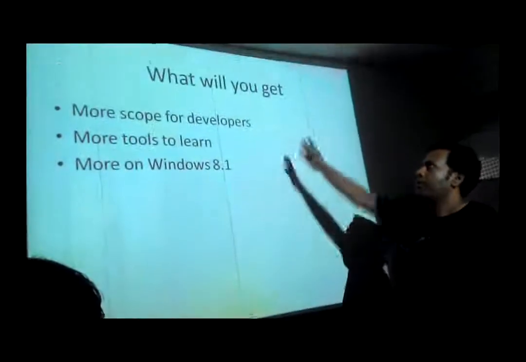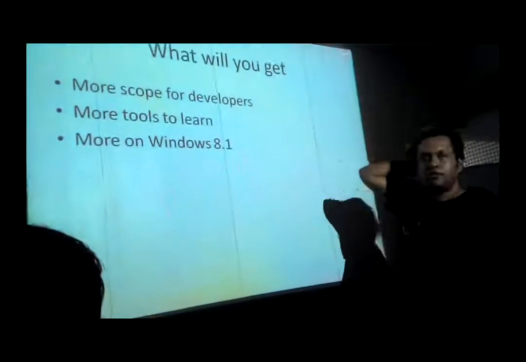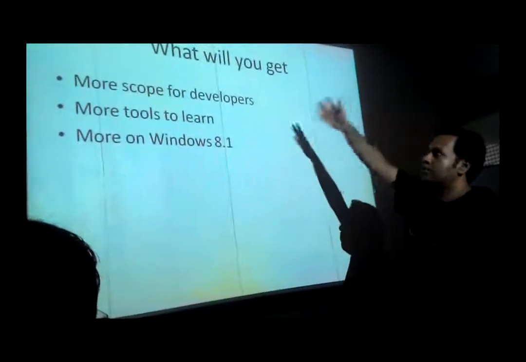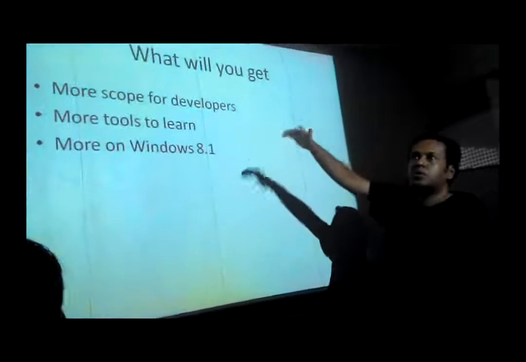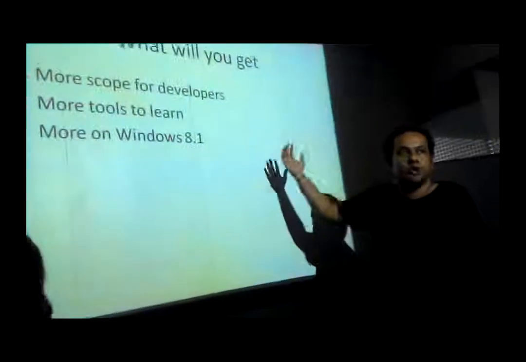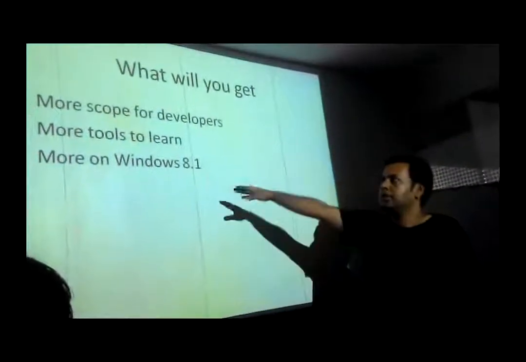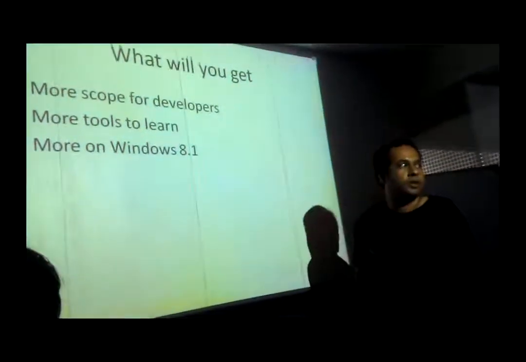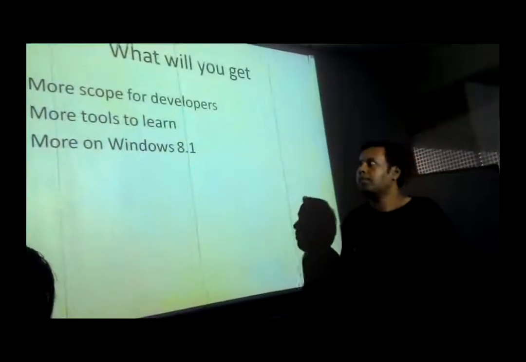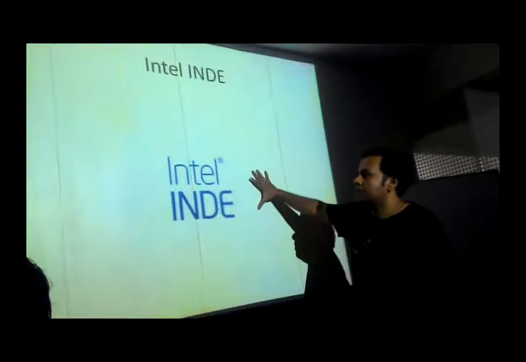So, what will you get? When you register at software.intel.com, you have more scope for developers, more tools to learn from. There is a set of tools that you can use for your projects, and you can have a very good output out of it. And more on Windows 8.1. Now, this is a particular thing that has come up.